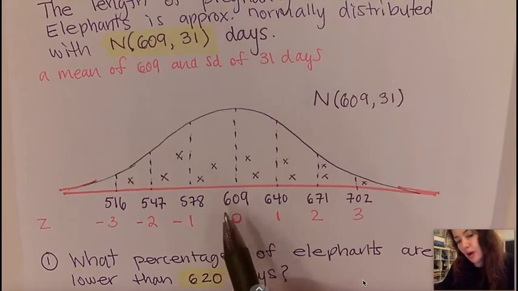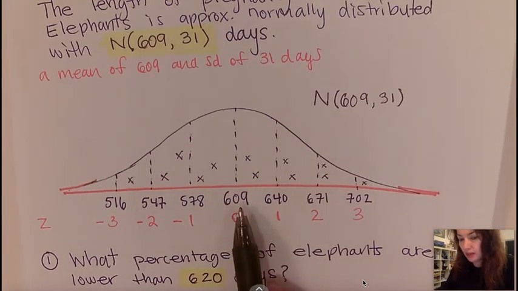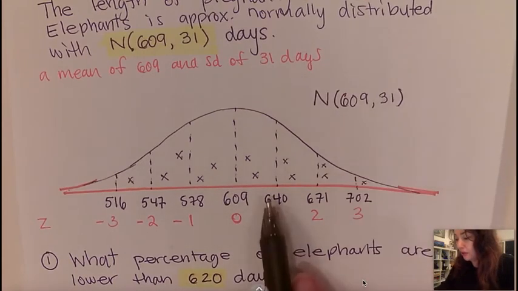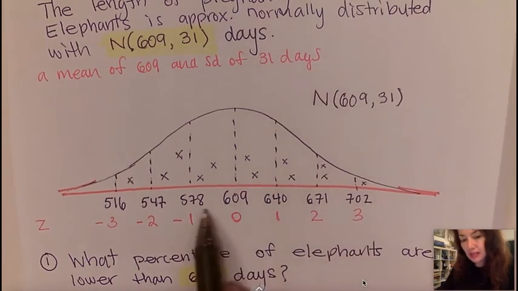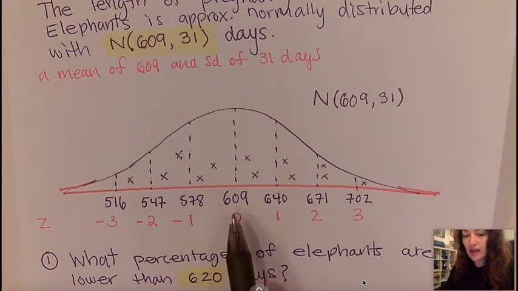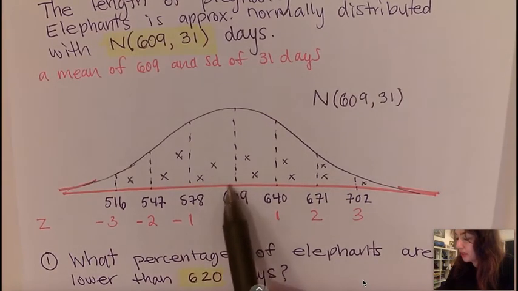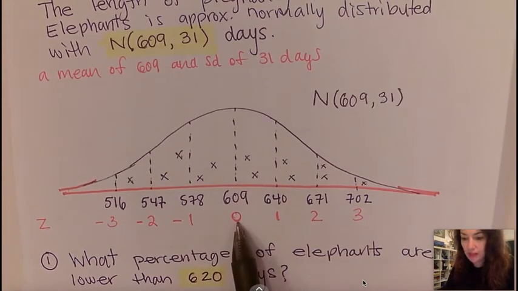All right, so I went ahead and already made the x-axis and displayed the mean right here, 609, and I added 31, so that would be 640, 671, 702, and then the same to the left. Now, our z-score, if you recall, always has a mean of 0. So in other words, 609 days is right at our mean, so the z-score for that would be 0.